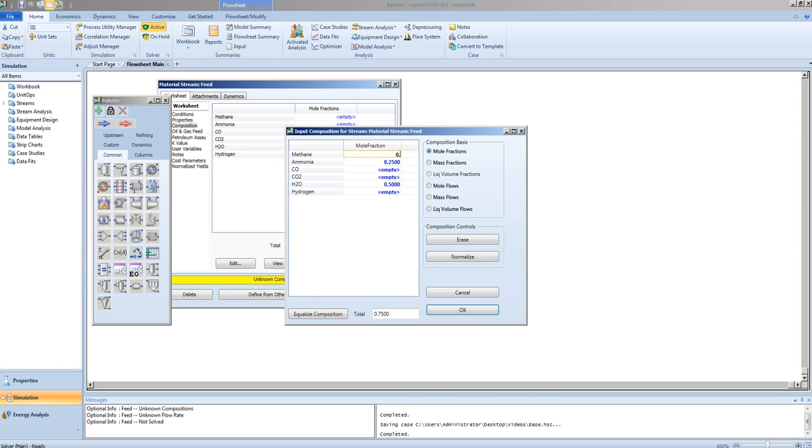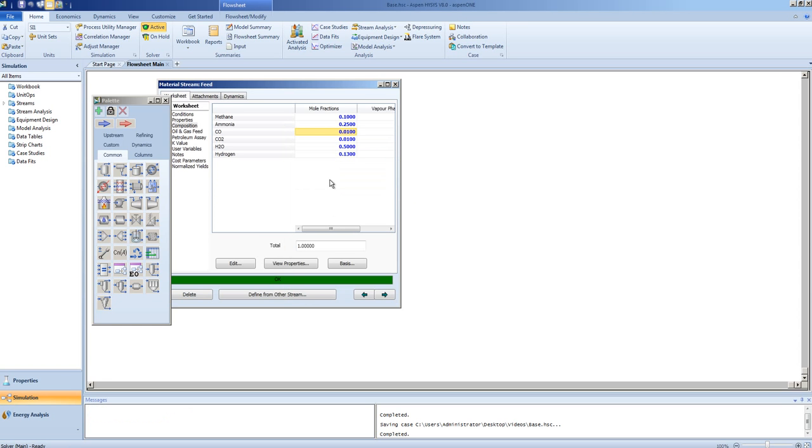So the methane will be 0.1. Some CO, 0.01. Some CO2. And the balance, which will be 0.13, will be made up of hydrogen. Note, the mole fraction total is 1.